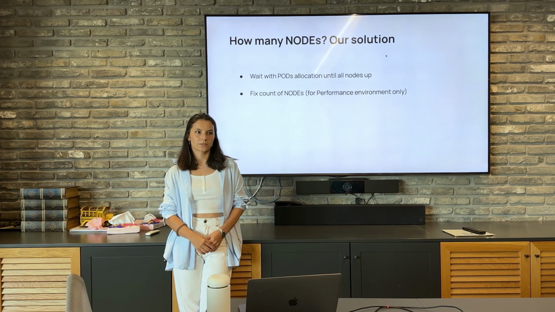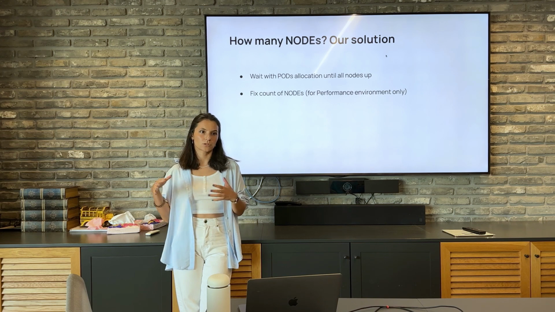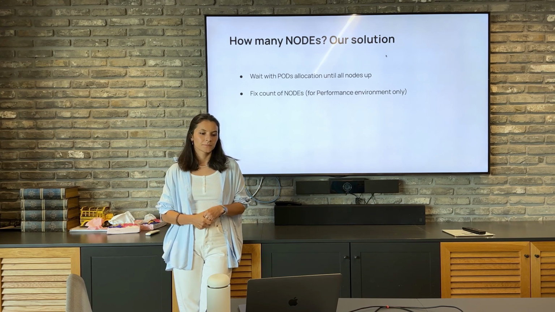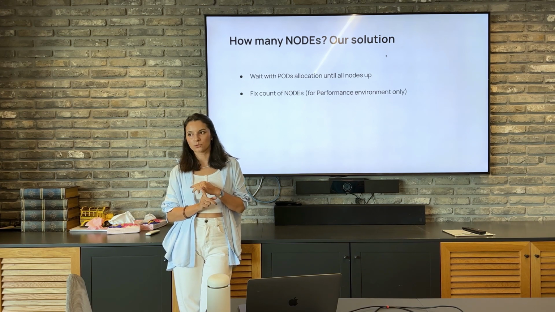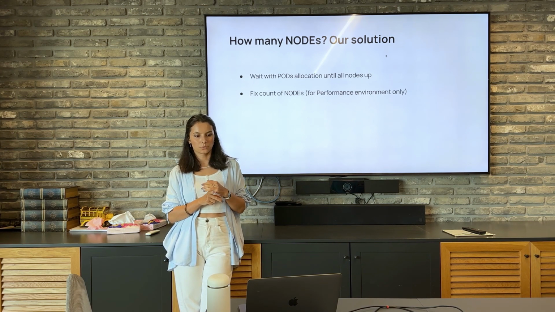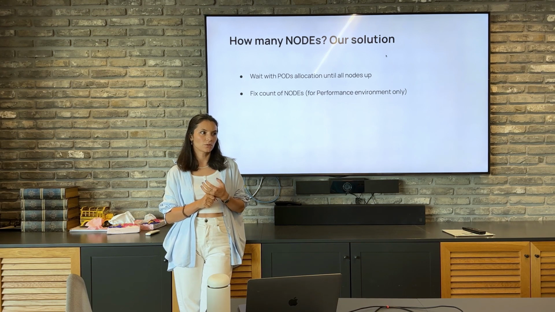In such a way, we have a normal distribution between nodes, and it makes our life a little bit easier. It's important to mention here that we will almost never have such a situation in production, where they start nodes from zero.